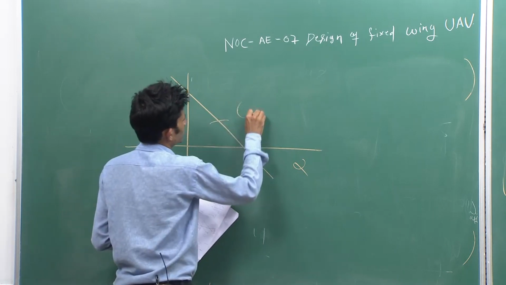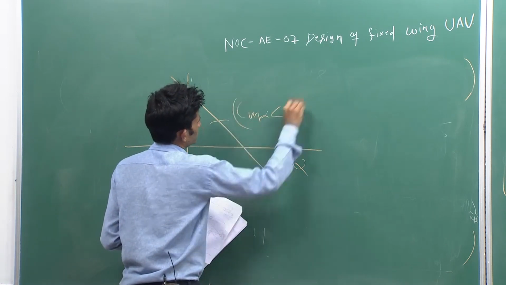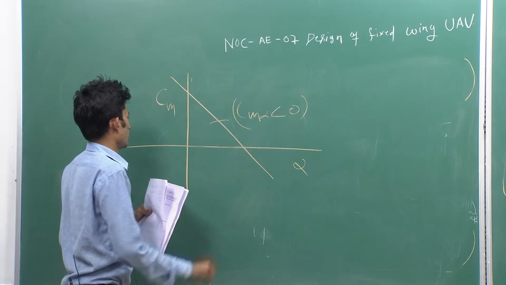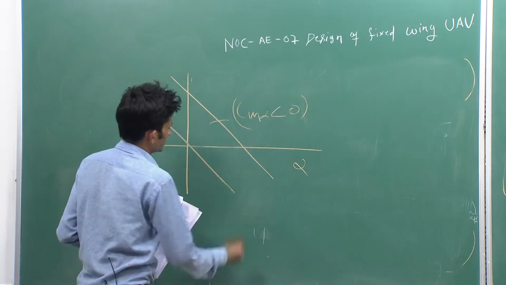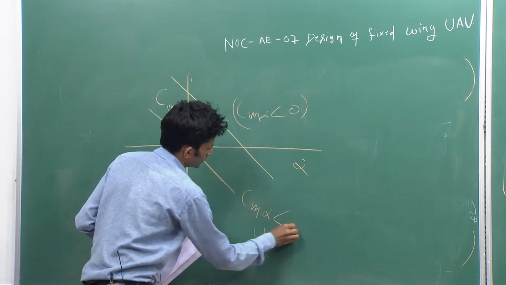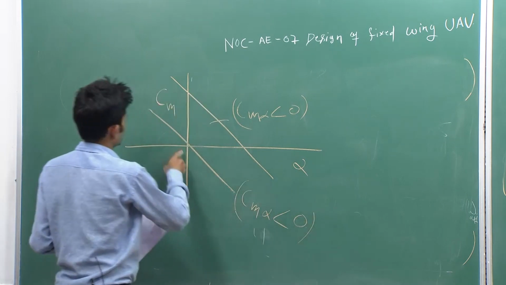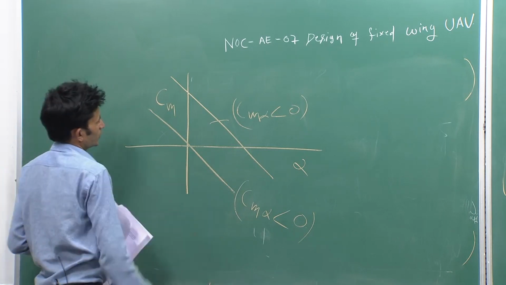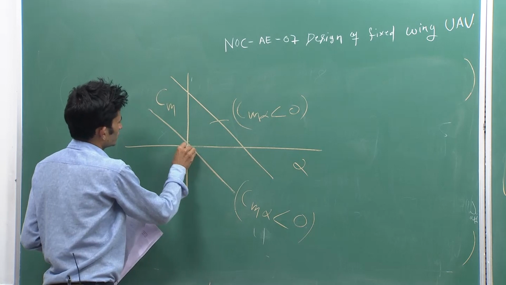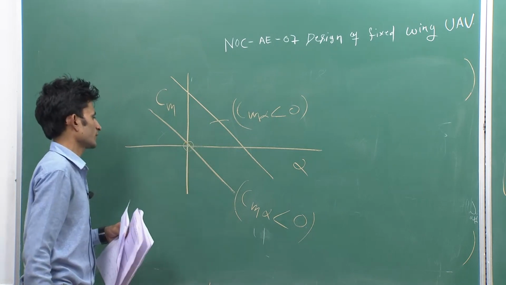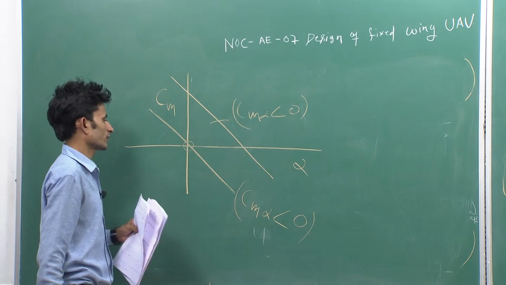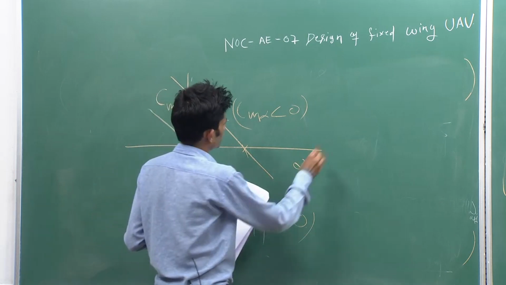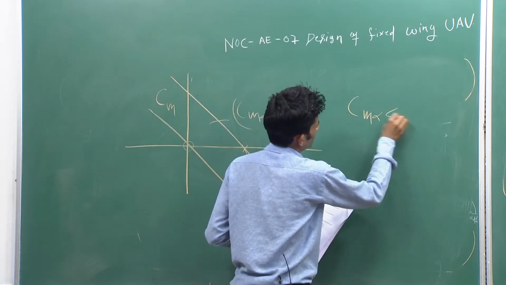In this condition Cm alpha is less than 0. So this is a necessary condition. In this case Cm alpha is also less than 0, but Cm naught is 0, that is, at alpha equal to 0, Cm is 0. So in this condition also your aircraft is stable, but you cannot trim the aircraft at positive angle of attack.